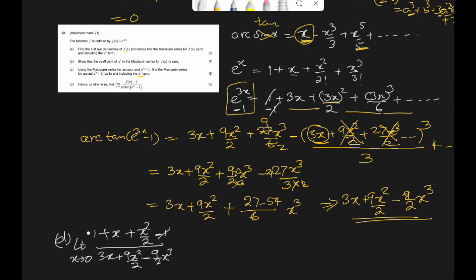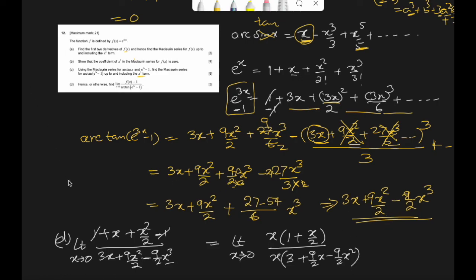Okay, so this minus 1 and this 1 cancel out, so we are left with the limit as x approaches 0. All of them have x, so we can take x common from this. x times 1 plus, out of x square, x is out, so just x over 2, over, if I take x common here, 3 is left, then 9 over 2 x minus 9 over 2 x square, because x is out of these two.